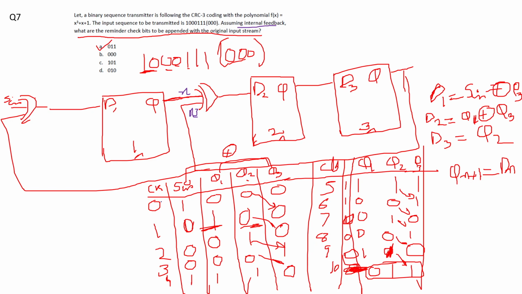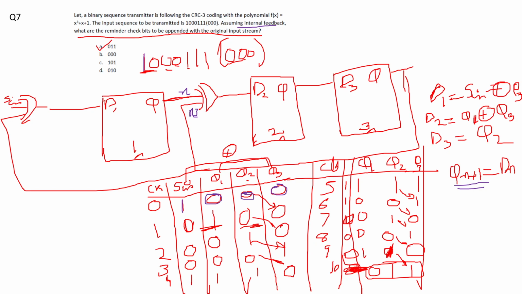Here we have the clock. This serial-in transmitter will first take this 1, so this 1 is here, and all other states are 0 0 0. We have the conditions D1 equals Sin XOR Q3, D2 equals Q1 XOR Q3, D3 equals Q2, and we know that Qn plus 1 equals Dn.